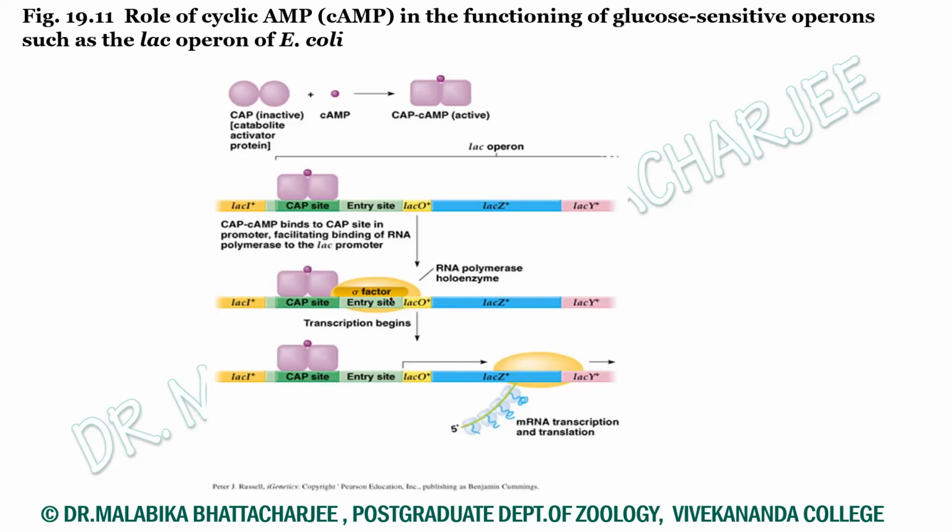Why is this called a positive control? Because the binding of this molecule to the promoter element is actually resulting in the increase in mRNA production. So mRNA production has become high.